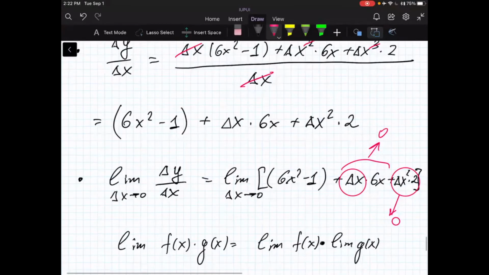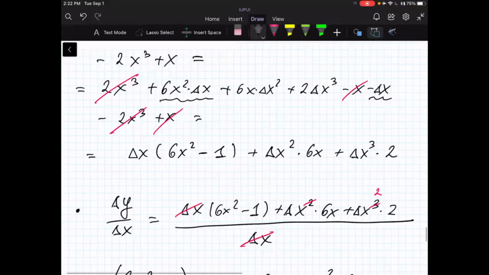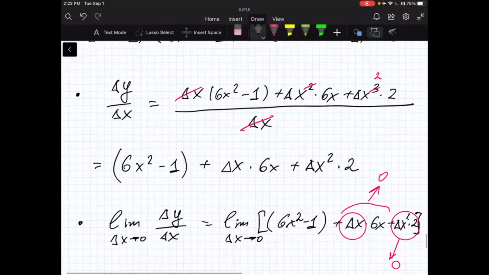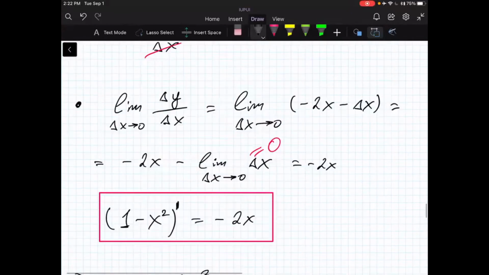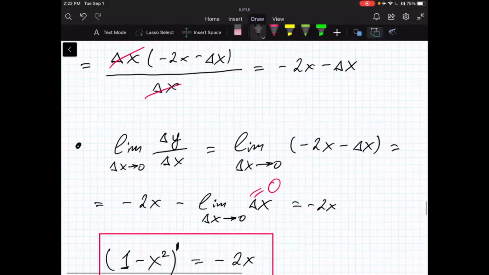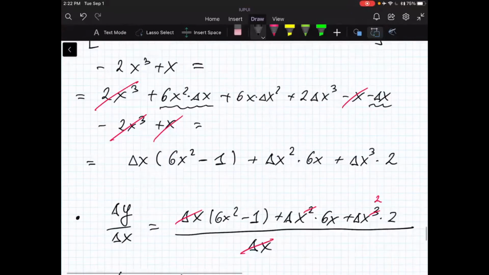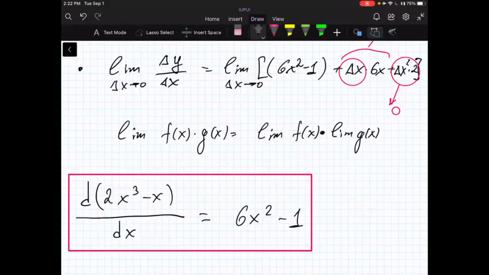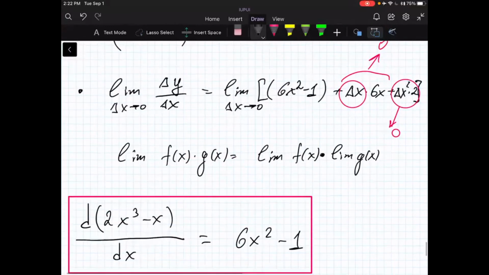So what is the difference between this example and the previous one? In this case, we can get not only the first power of delta x as in the first example, but also delta x squared, delta x cubed. But in fact it doesn't matter, because if you see something that contains delta x and it's in the numerator, that means that it will go to 0.